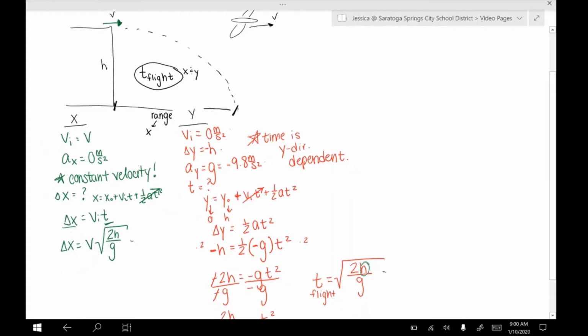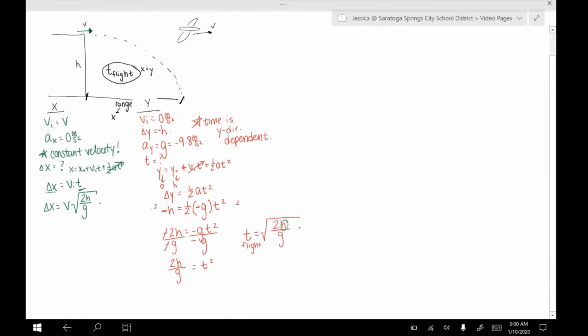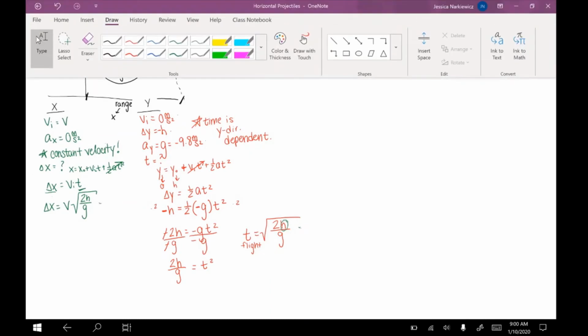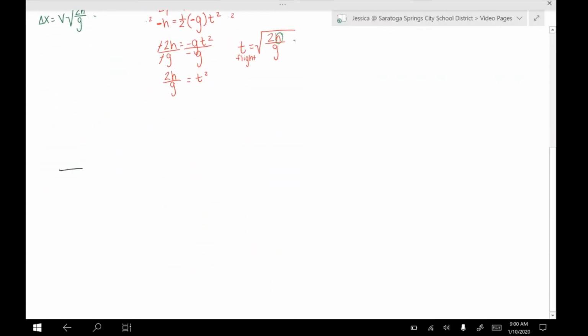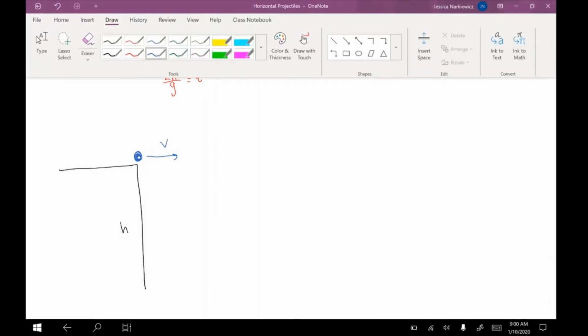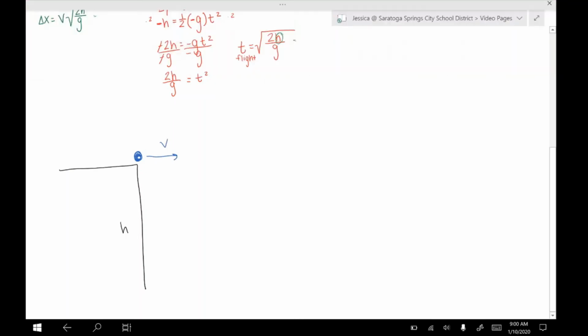Now, one thing that's really interesting is, let's say we have a similar cliff with a height h. I have a blue ball that is launched horizontally off of a cliff, and a green ball that is dropped from the same height.